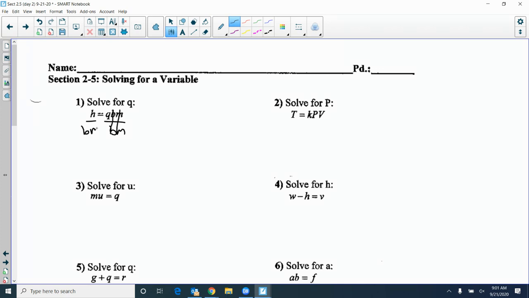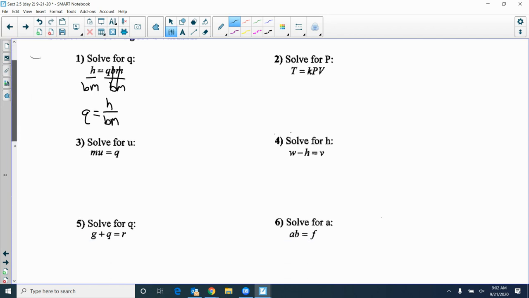Divide over here by B and M, and then, Connor, tell me what to write. Then you're going to flip it over, you're gonna write Q equals H over BM. I just flipped it around, so whatever I solve for comes first. All right, that's perfect.